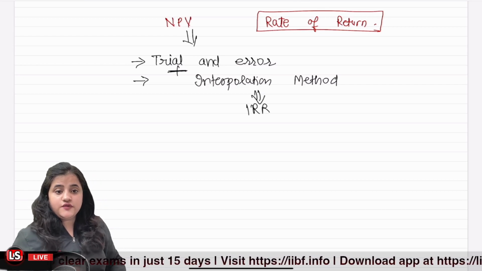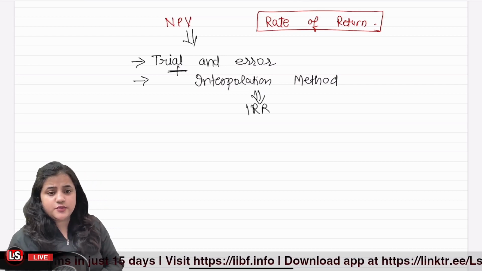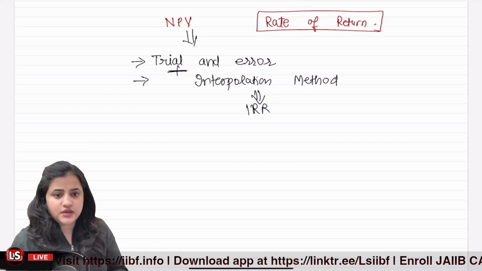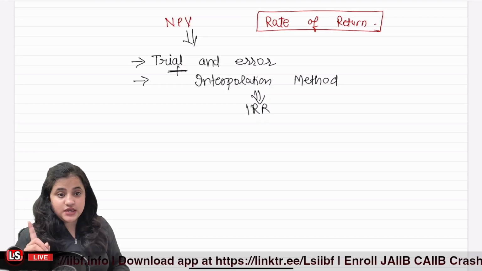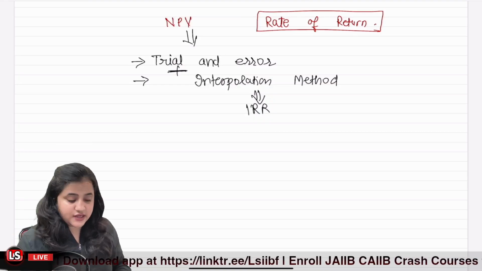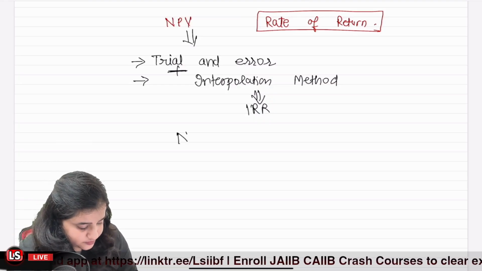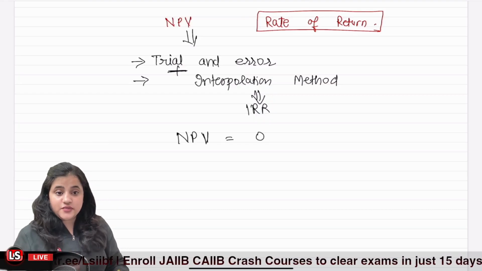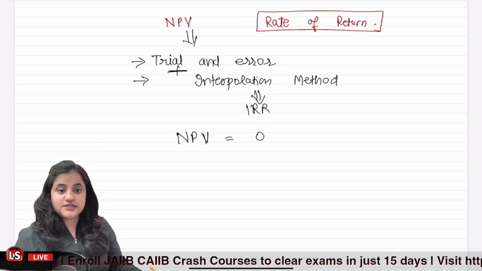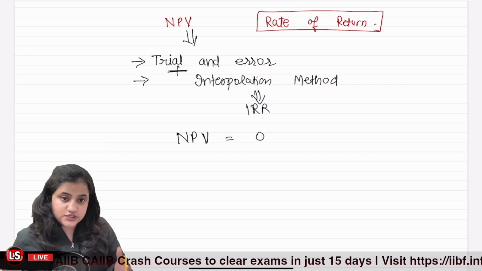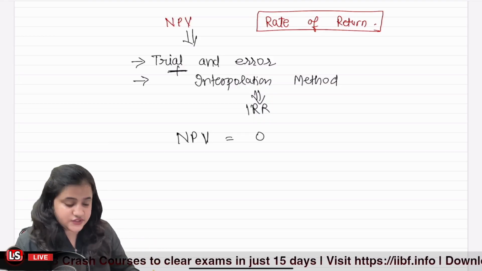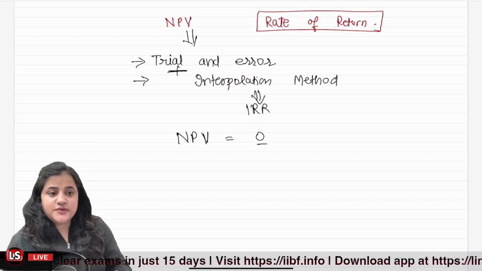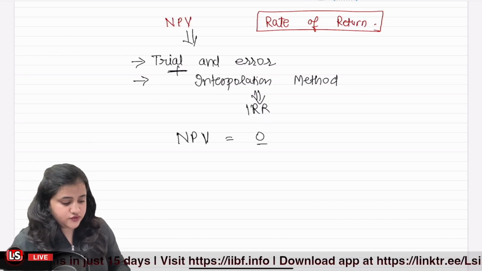Okay, so what do we mean when I say trial and error? Because I don't know for sure what the IRR of my project is going to be. But one thing I know, whatever IRR is, at that rate NPV is going to be zero. So I'll just calculate NPV using 2 to 3 different rates, and by using NPV from those rates I can calculate the IRR at which NPV is zero. Okay, this is a mathematical concept you will understand when I solve the questions.